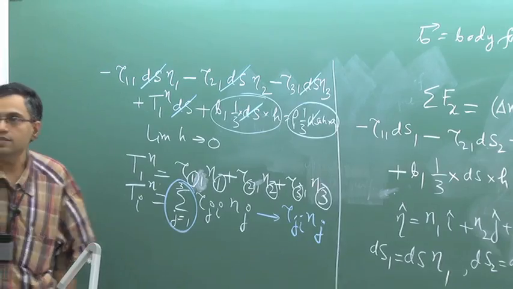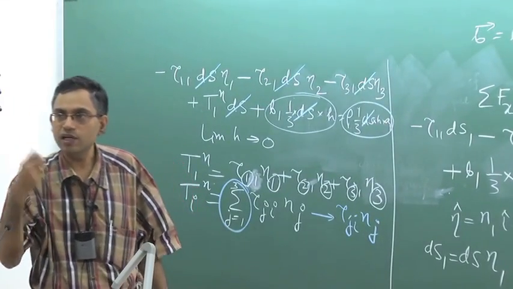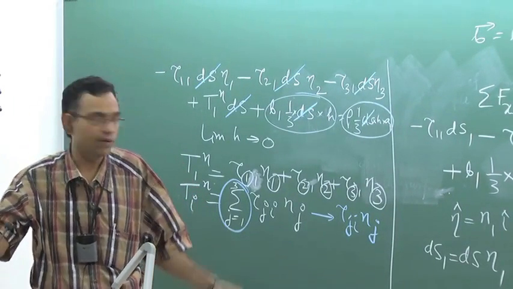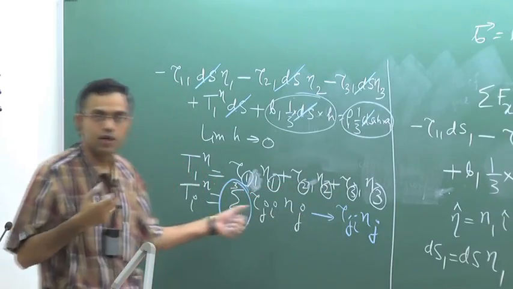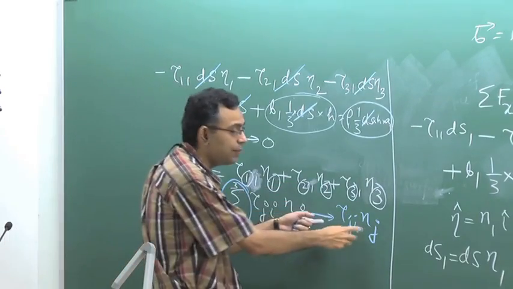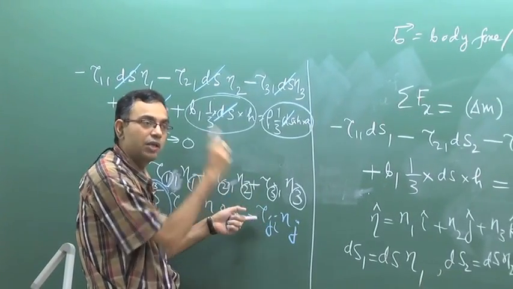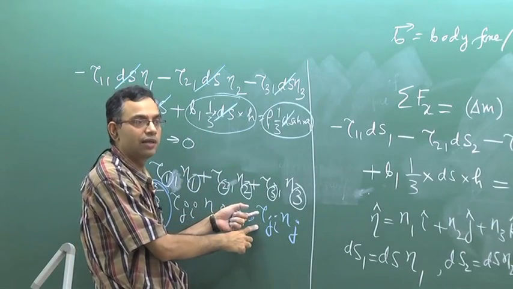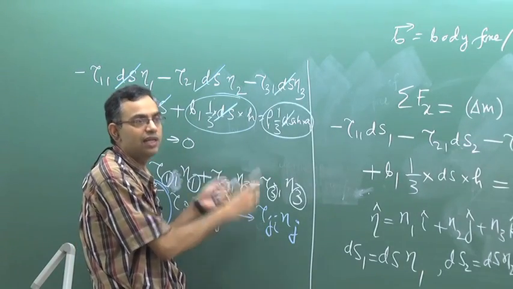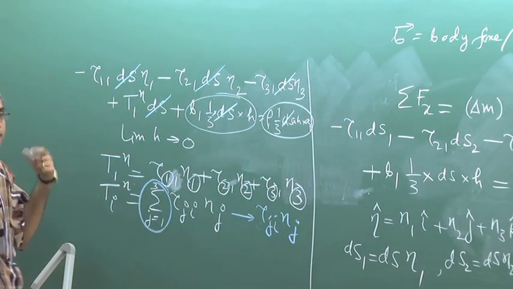This is Einstein's index notation, and that is what is commonly used in the literature for describing these terms. So whenever there is any repeated term and there is no sigma, you have to keep in mind that there is actually a sigma. It is not represented. That is what Einstein introduced.